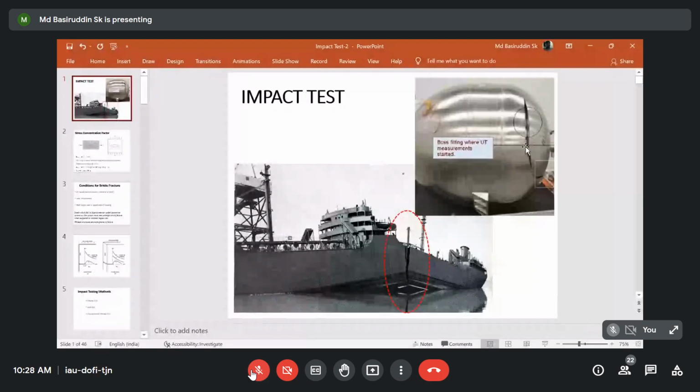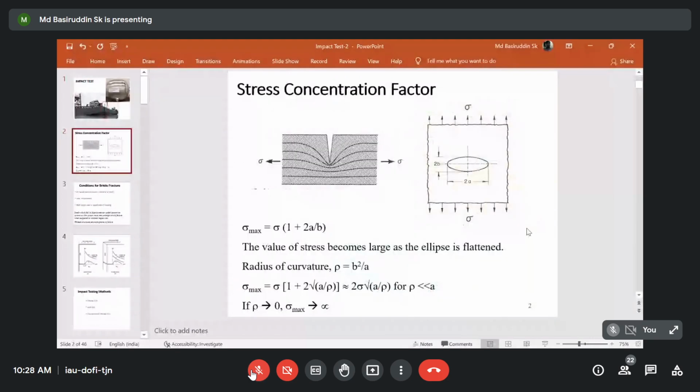So considering the first picture, though no kind of loading is applied, if a material has a minor amount of crack or any dent, then that may lead to impact kind of situations. Let's say you have a minor crack inside the material.